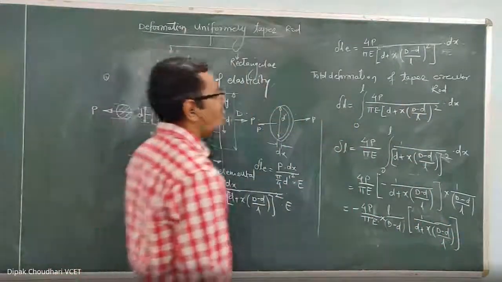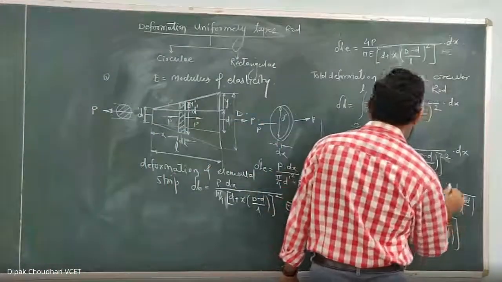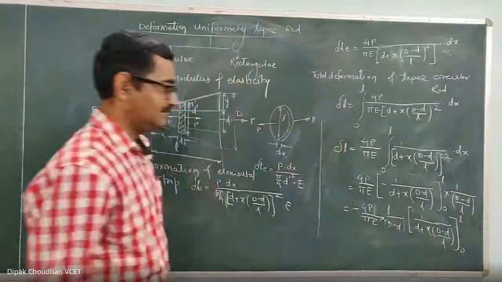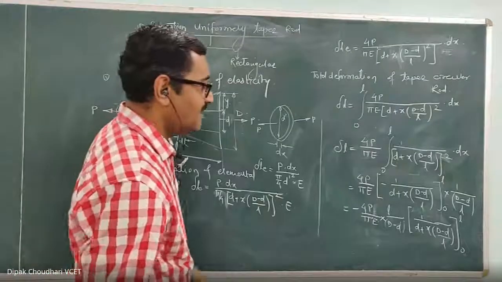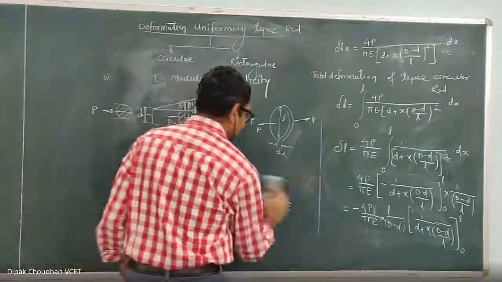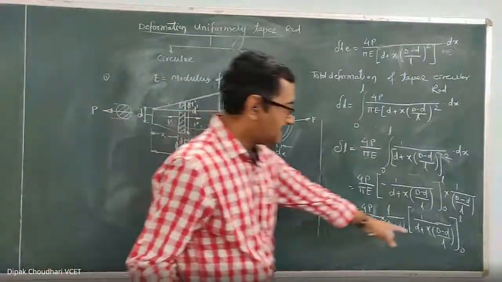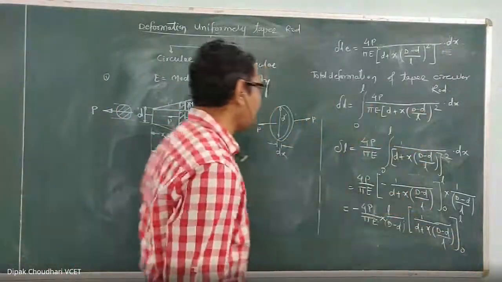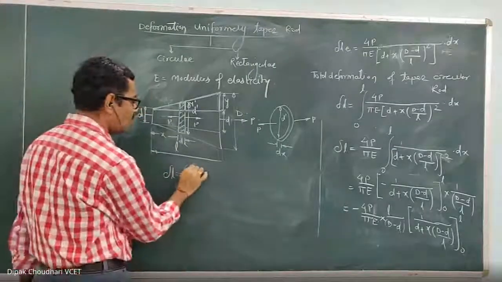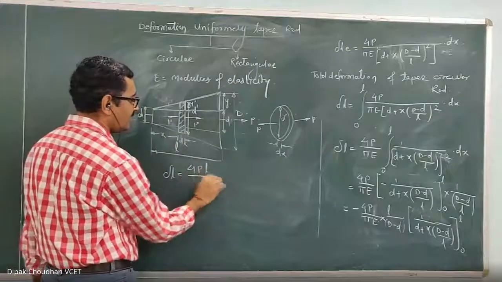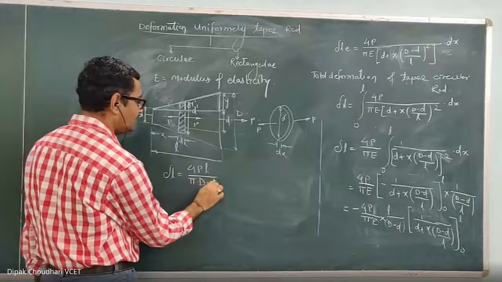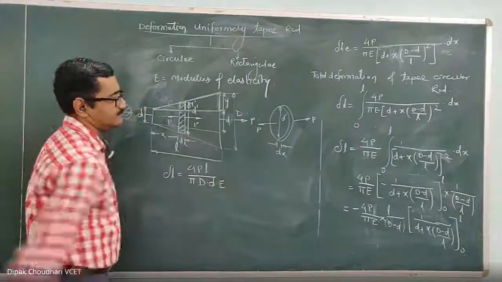Okay, where the limit, I forgot to substitute the limit, 0 to L. Now if you substitute the limit and simplify this, you will get the formula delta L equal to 4PL upon pi capital D into small d into E.